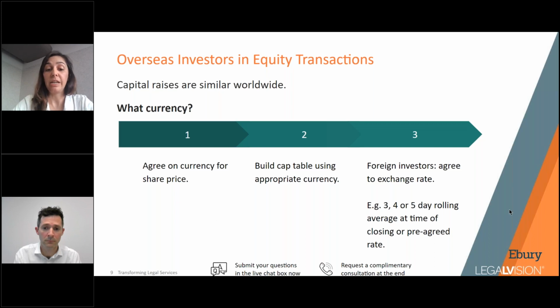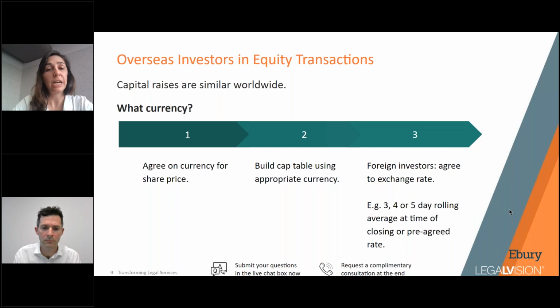Step three is then for foreign investors, so assuming that you've built your cap table and agreed that it would be in Australian currency, but the foreign investor still wants to invest in their foreign currency, you'll need to agree an exchange rate for conversion of their investment into Australian dollars.